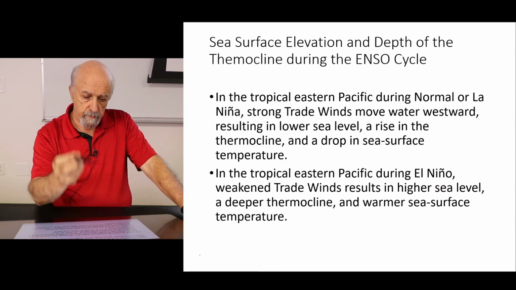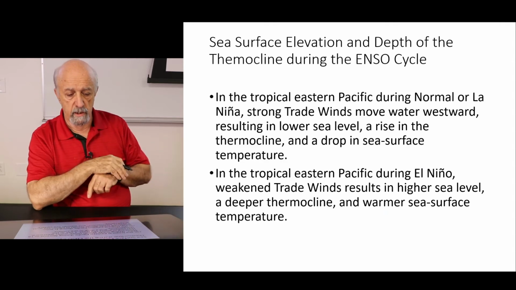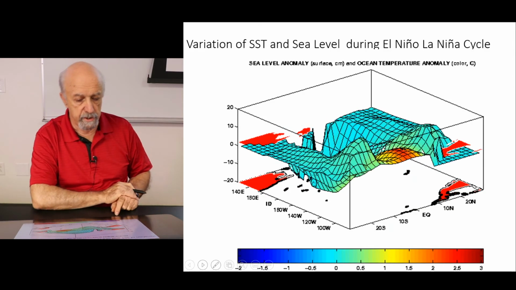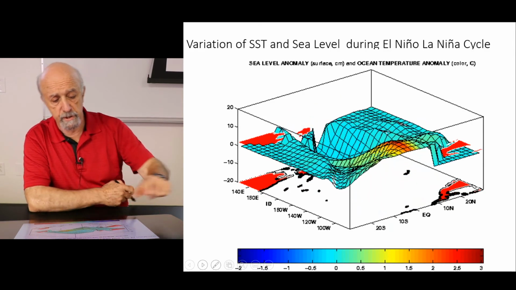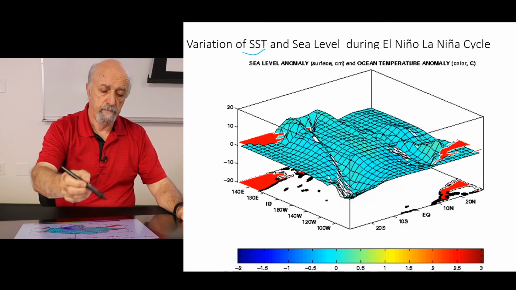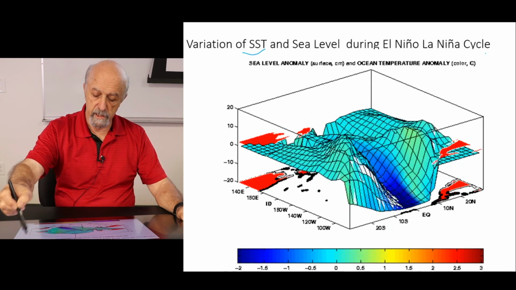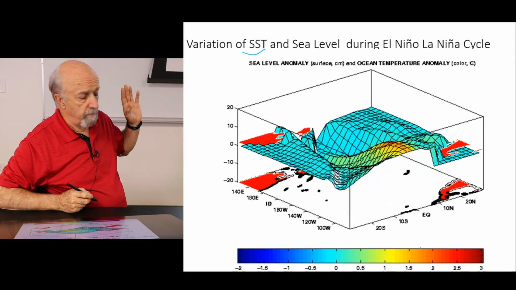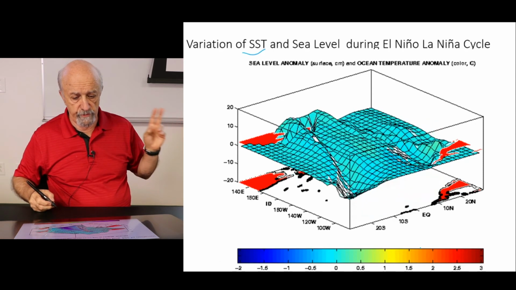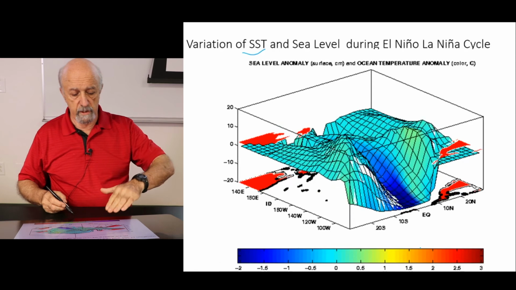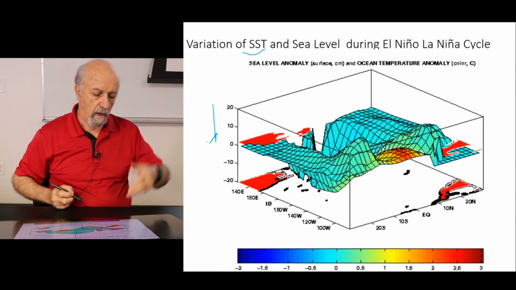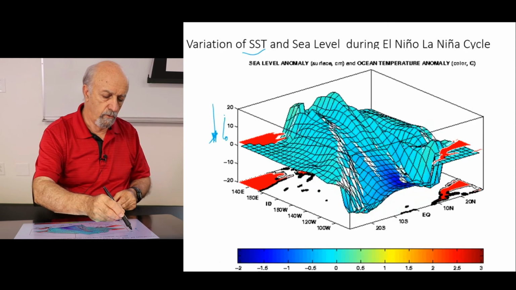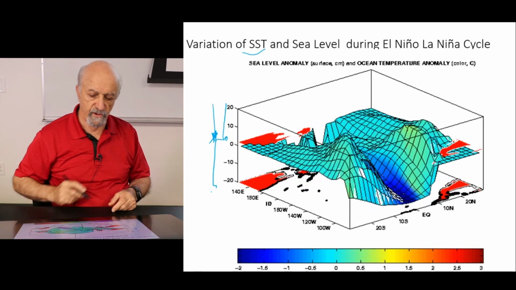So, the elevation of the sea, how high the water is, and how deep the thermocline is, is illustrated by this particular animation here. You see the variation of the SST and sea level during El Niño La Niña. You see here in color the difference of sea surface temperature, and this graphic here in the vertical goes from 0 to 20 and from 0 to minus 20 centimeters.